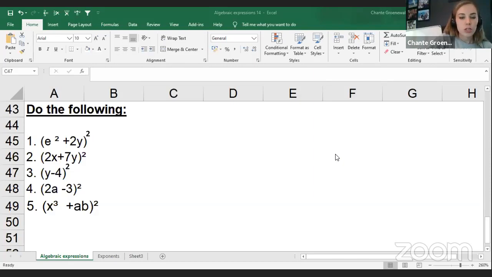Okay. So let's just quickly revise this one. The answer there is 4x to the power of 2 plus 28xy plus 49y to the power of 2.